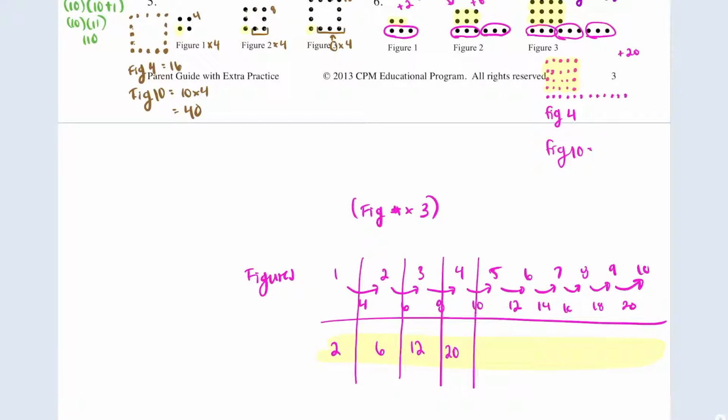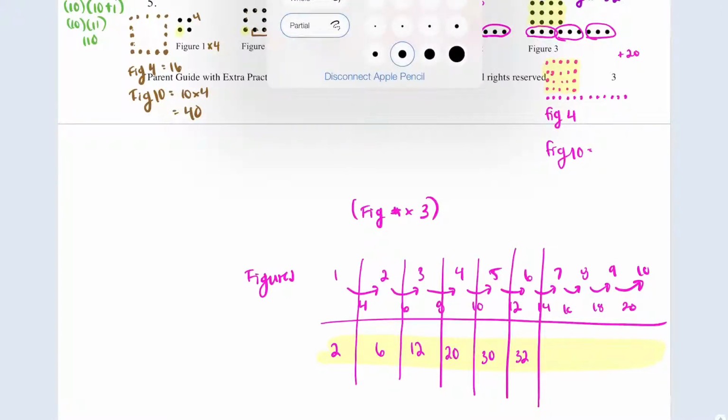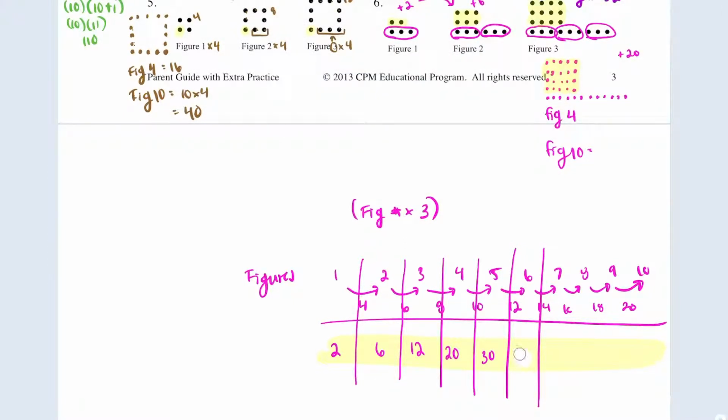Right, so if I were to keep going, I need to add 10 to this 20, so that's 30. Now I need to add 12, so at figure 6, I'll be at 32 extra dots on top. I need to add 14, so that's going to be, oh, whoops, not 32. That should be 42.